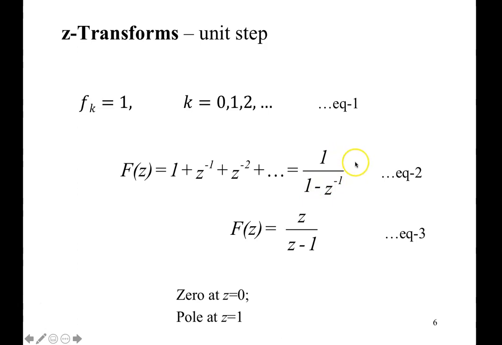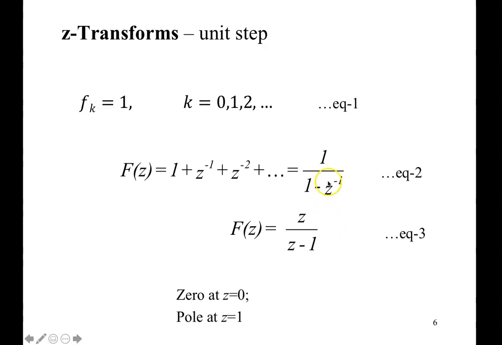I'm going to multiply the top by z and every term in the bottom by z. This ends up with z over z minus 1, which will give me a zero. If I equate the numerator to 0, it gives me a zero at 0. It's a bit fiddly, but that's what I mean. Equate the denominator to 0, and that will give me a solution of positive 1. That means I have a pole at z equals 1.